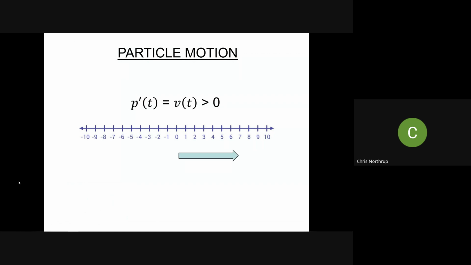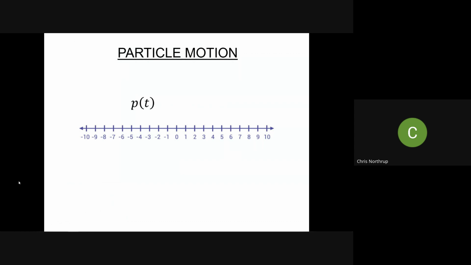That would mean that we are moving to the right. And if our derivative of our position, which is velocity, is negative, then we would be moving to the left. If our derivative is 0, that means we're not moving anywhere. Our particle is at rest. So it could be moving left, right, and all of a sudden stop, and then keep going in one direction or go backwards.